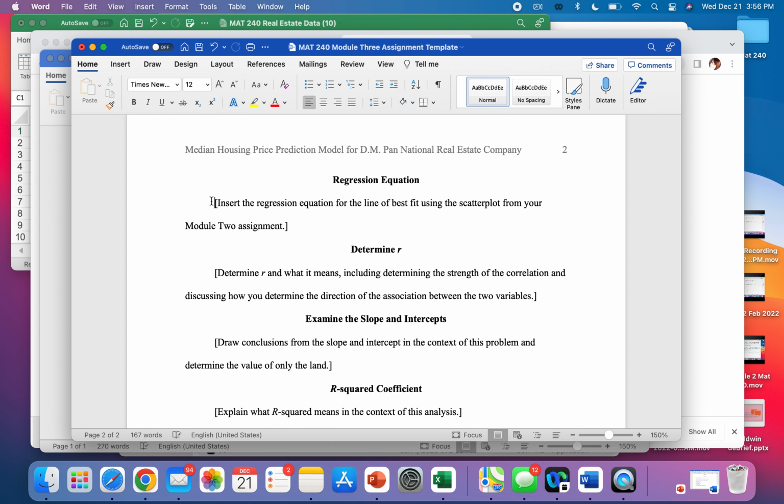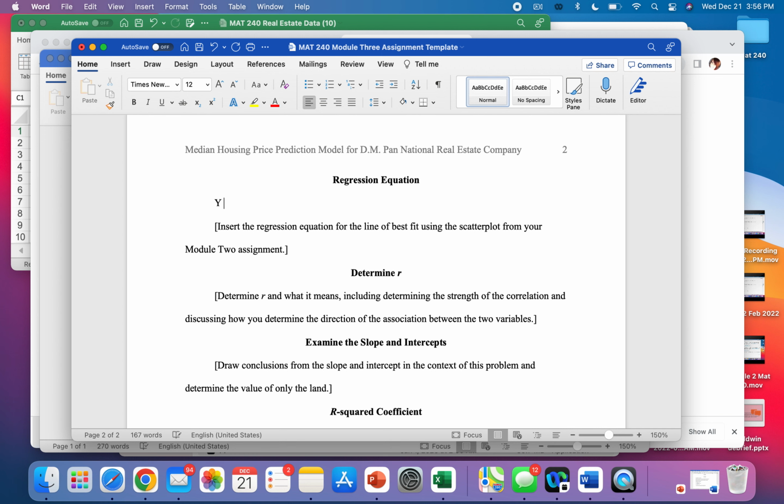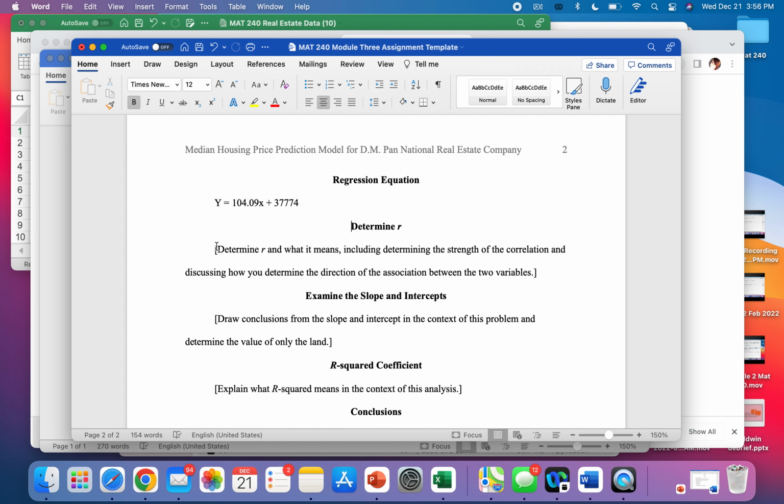What is our regression equation? Now yours is going to be different. Mine is y equals 104.09x plus 37774. We're going to delete our instructions.